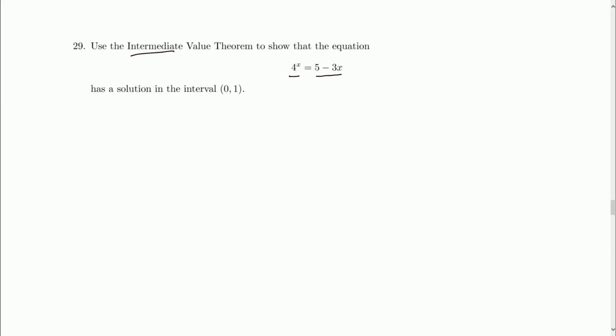Now they specifically say intermediate value theorem, so we should be prepared to invoke that at some point as we solve this. What does the intermediate value theorem, or IVT, say?